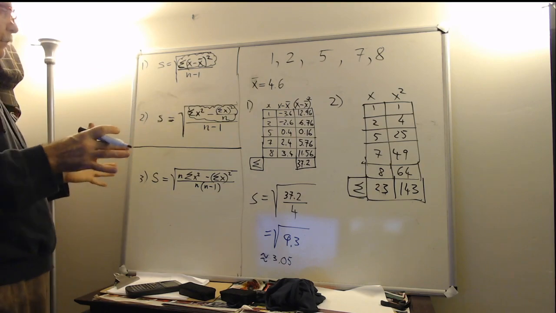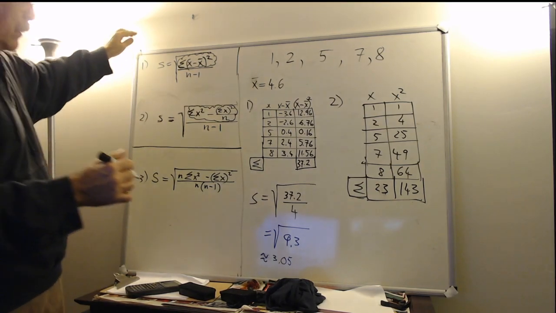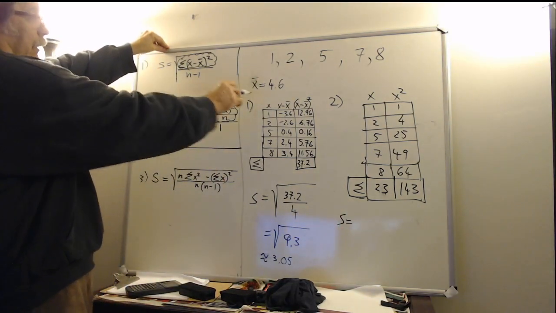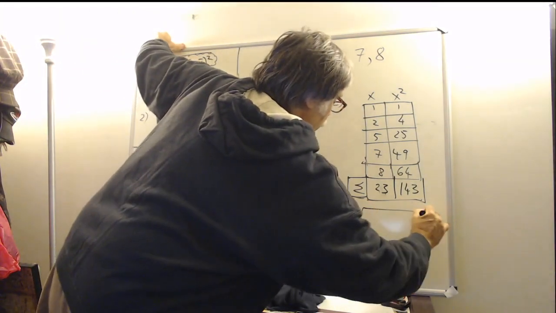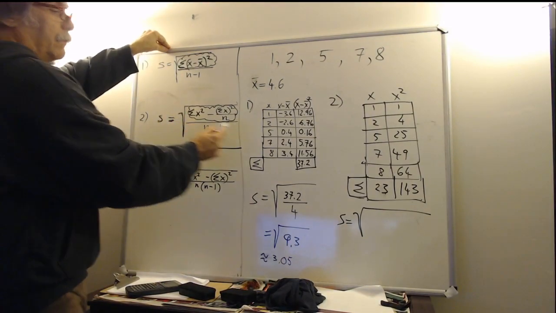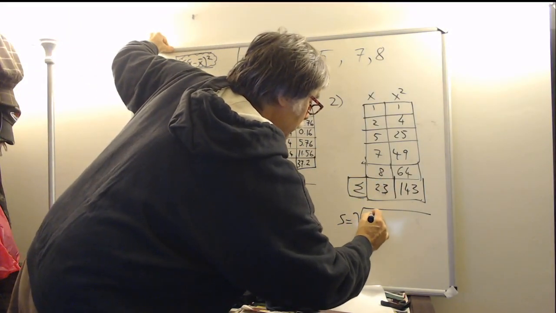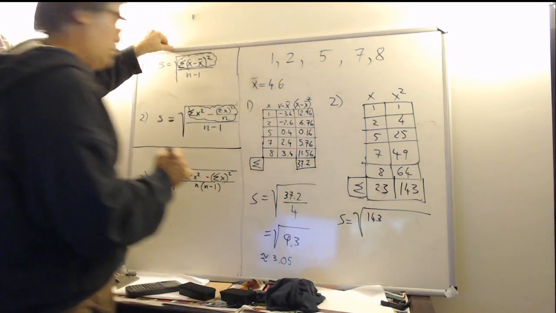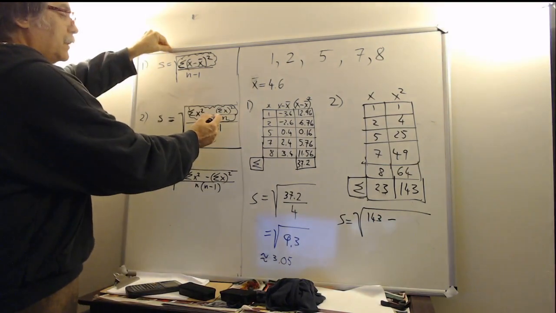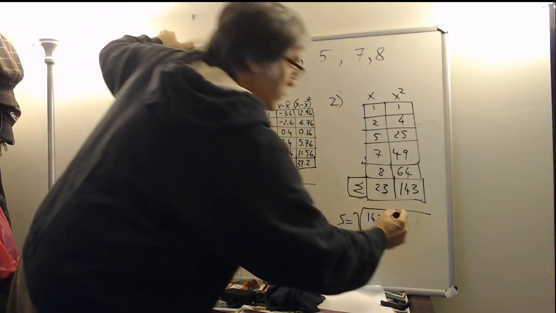Easier. Now, in this formula, you're going to have S is equal to the radical of the sum of x squared, 143, minus the sum of x, squared, 23 squared.